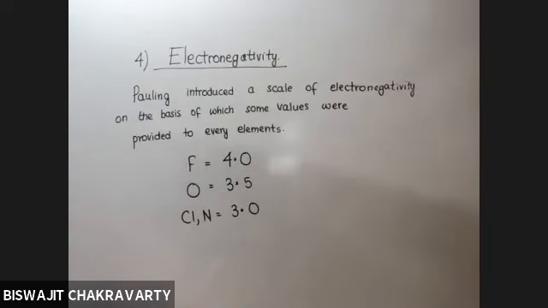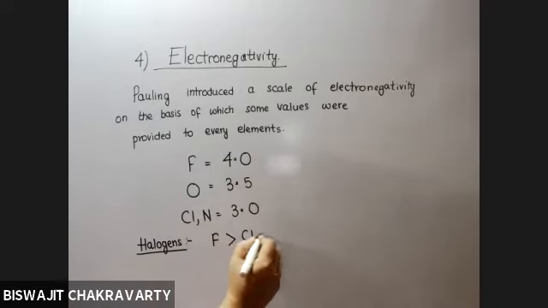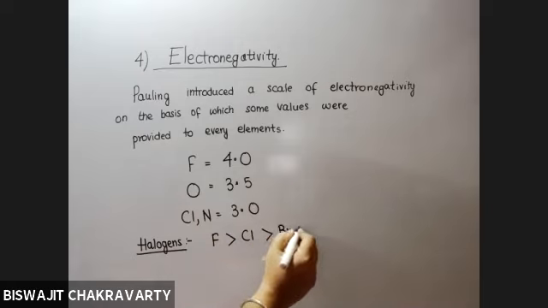Clear or not? It means that on the basis of these electronegativity values, among halogens, which are considered to be the most electronegative elements in the periodic table, if you are asked to arrange them in order of decreasing electronegativity, fluorine is going to top the list. Fluorine, chlorine, bromine, iodine. Clear?